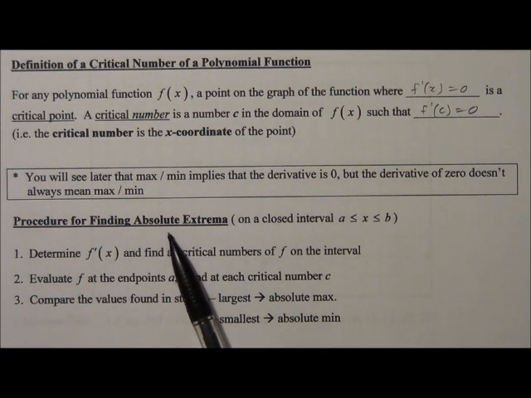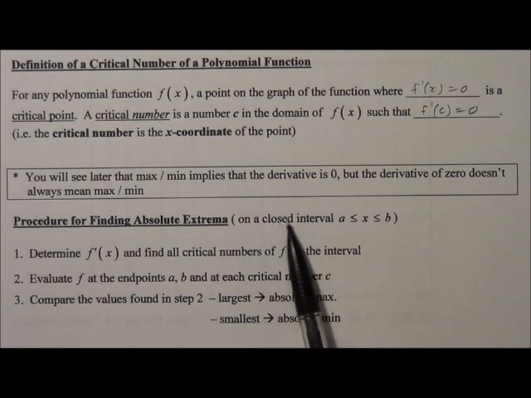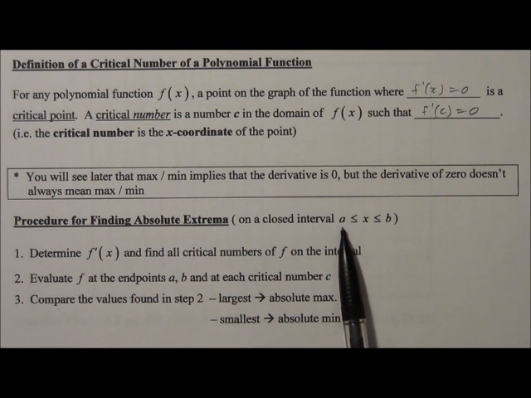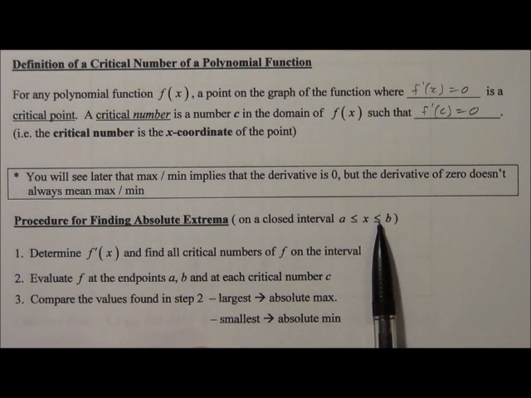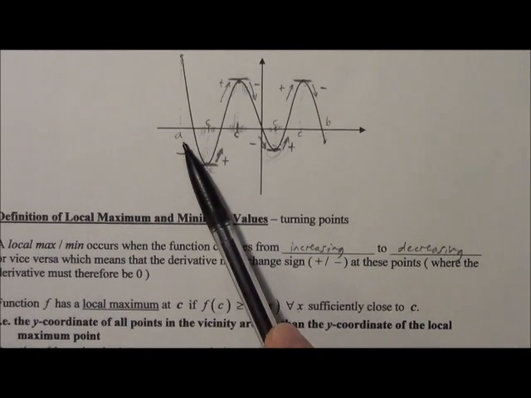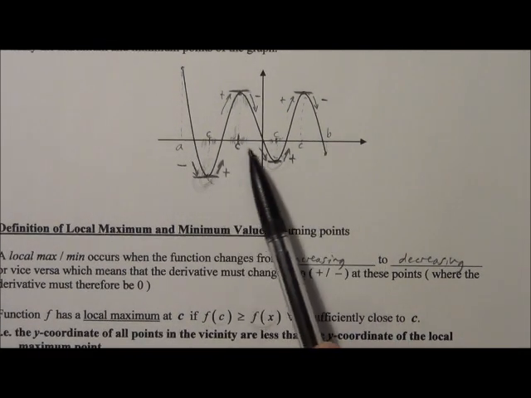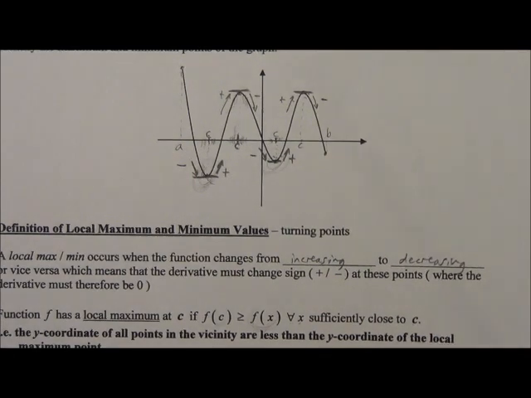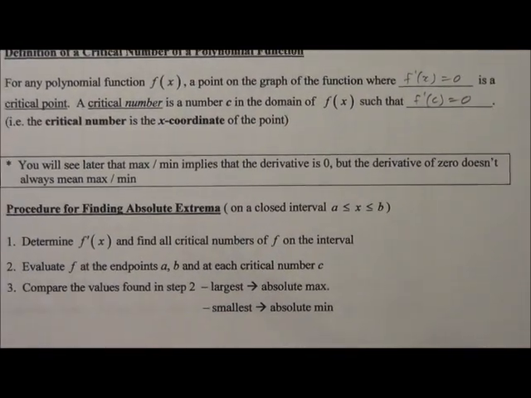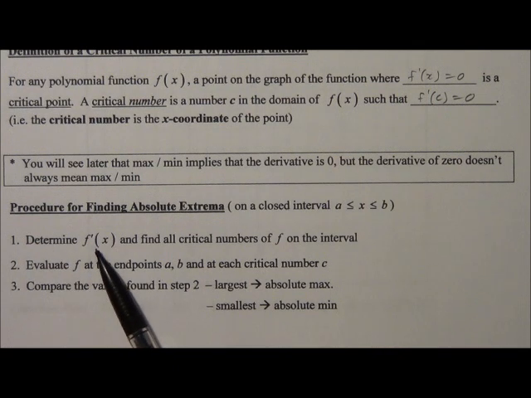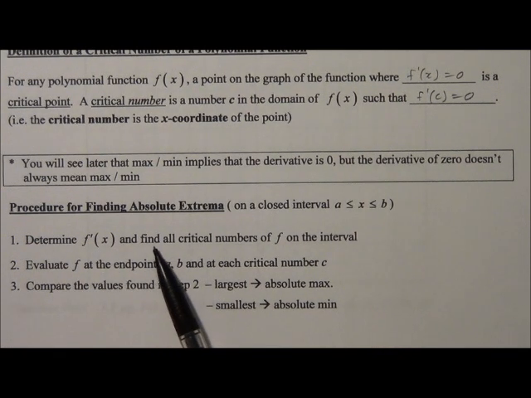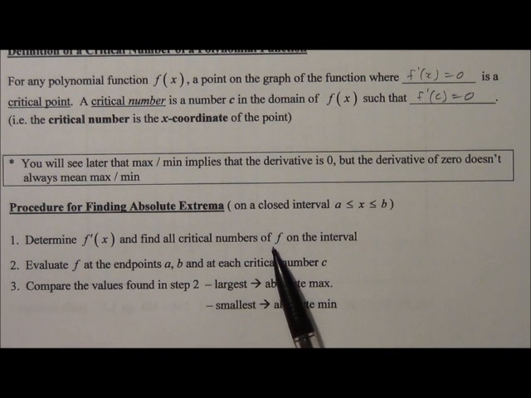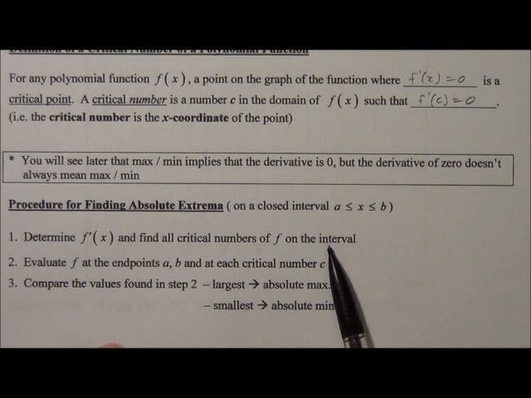The procedure for finding absolute extrema on a closed interval, where a is less than or equal to x, less than or equal to b. Hence that's why we chose a and b for these endpoints here, because it's a closed interval. So we're going to determine f prime of x and find all critical numbers of f on the interval.